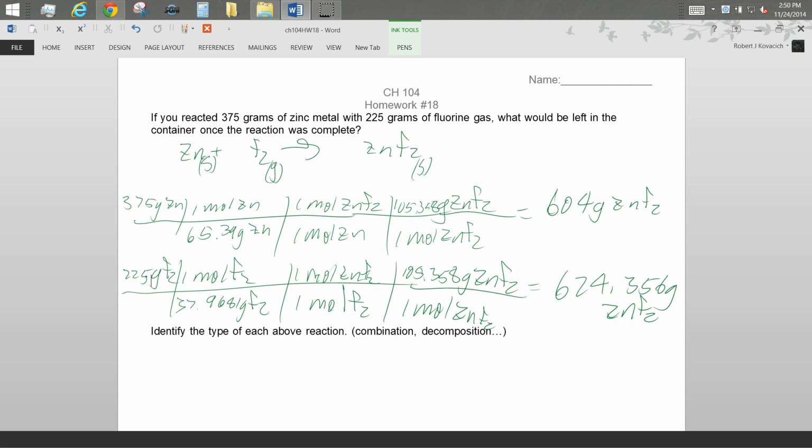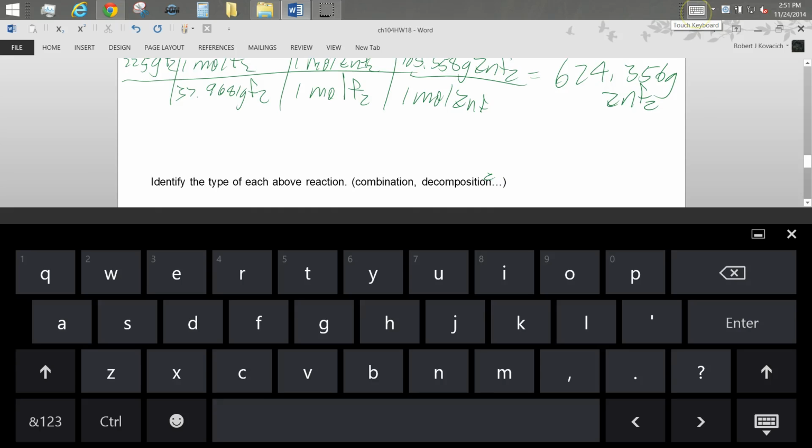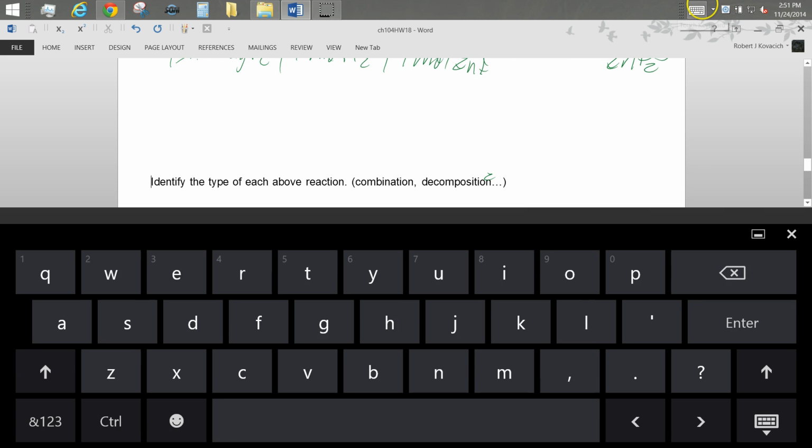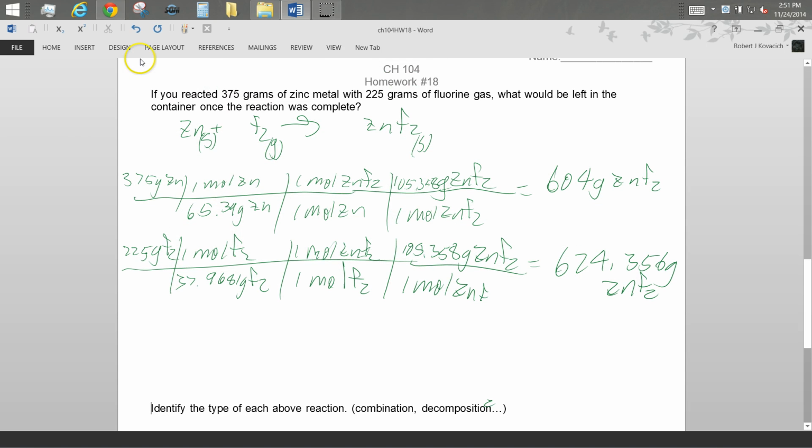Excellent. What do I know? Zinc is your limiting reagent. Okay. So I know zinc's my limiting reagent. I know that the zinc is going to be running out first. I know the moment that I've made 604 grams of zinc fluoride, what happens? You have 0 zinc left. I have 0 zinc left, so the reaction just stops. So that means I must have some leftover fluorine in the container.